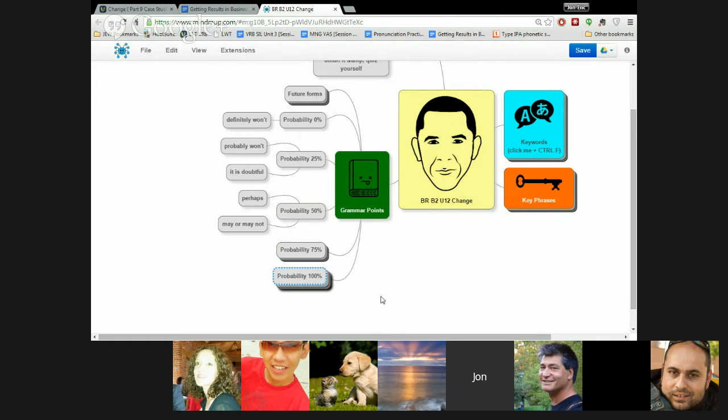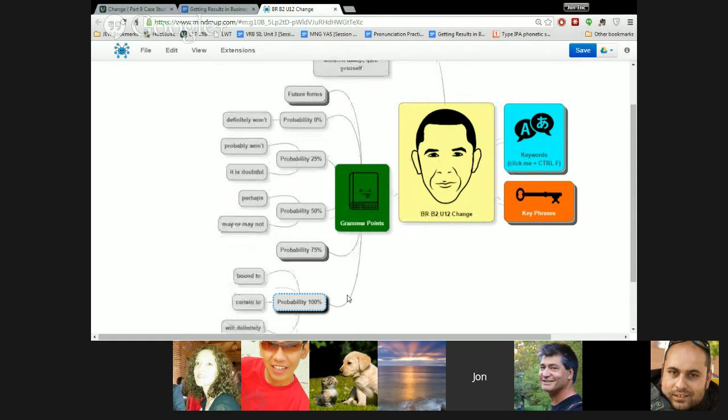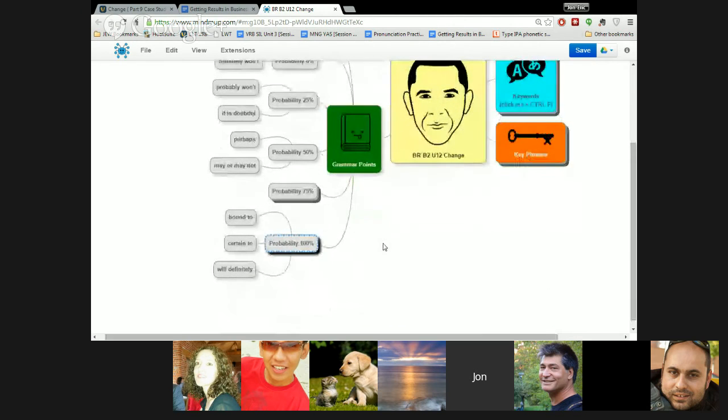That was from yesterday. Good. Anything else? Will definitely. Okay, bound to and will definitely. Class, anything else we want to add to 100%? We have bound to and will definitely. Is certain to. Certain to. Okay, let's take a look. Bound to, certain to, and will definitely are the right answers.